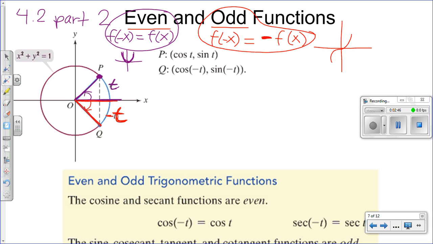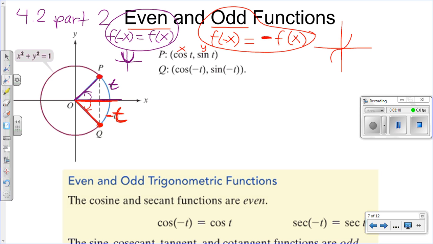Now, when we're talking about trigonometric functions, we're going to use this little example here to determine why some of those are odd and some are even. Okay? So what we're going to do is look at this point and this point. Now, you guys remember we said that the x-coordinate gives you the cosine, right? And the y-coordinate gives you the sine, correct?